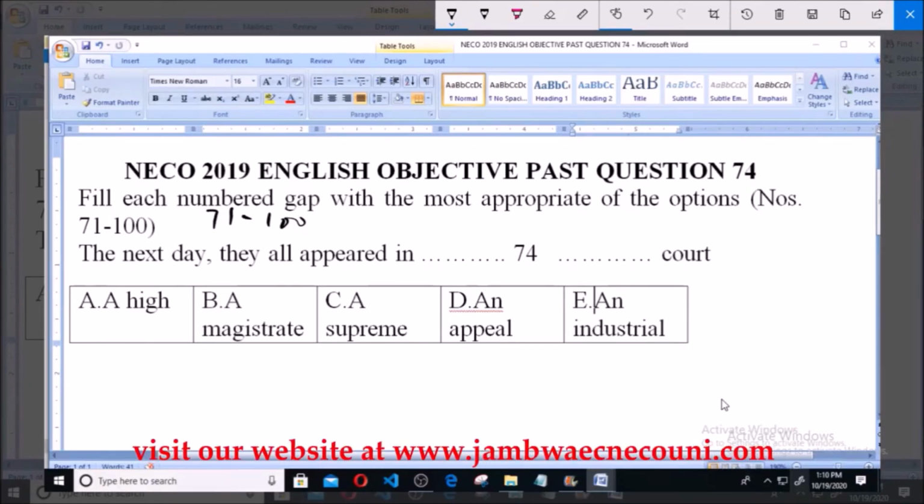Option A, I; B, a magistrate; C, a supreme; D, an appeal; E, an industrial.